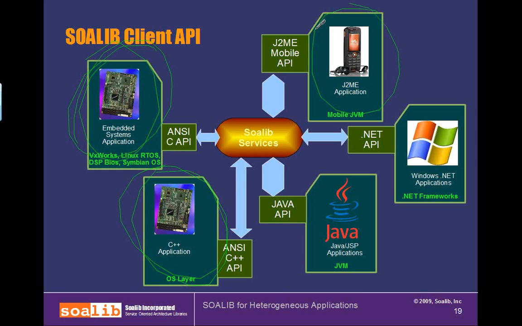For mobile devices, there is a mobile phone API for you, .NET for Windows applications, and definitely Java. So these can communicate with each other. You can just draw any kind of line, and you will be able to communicate.